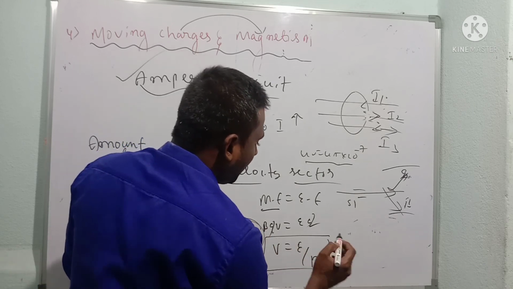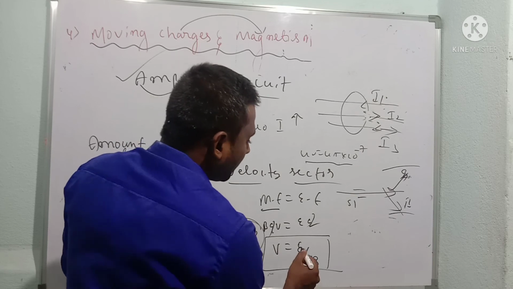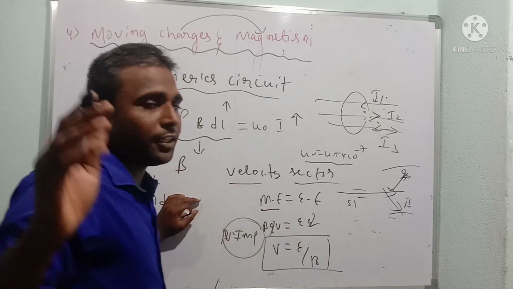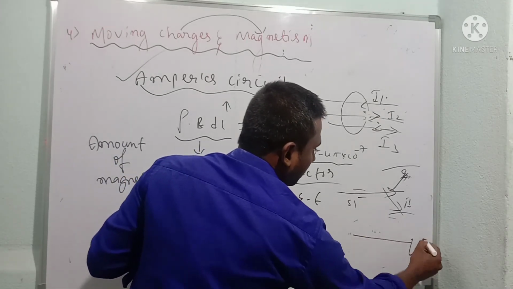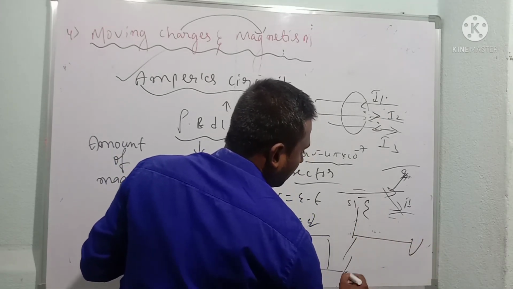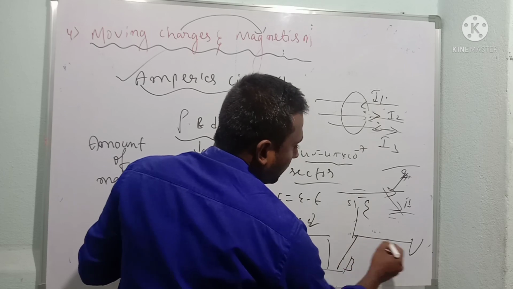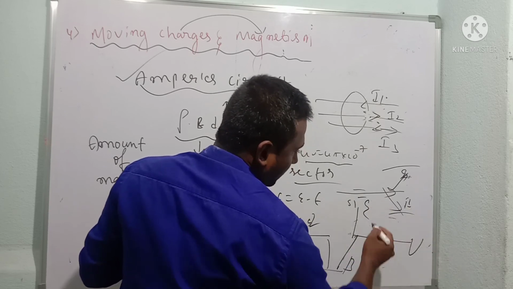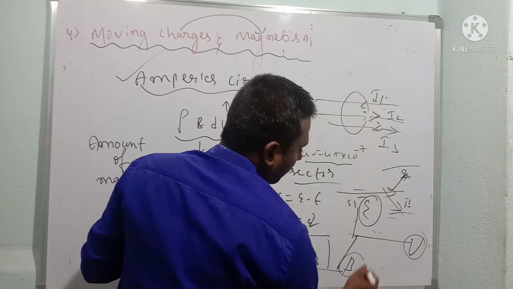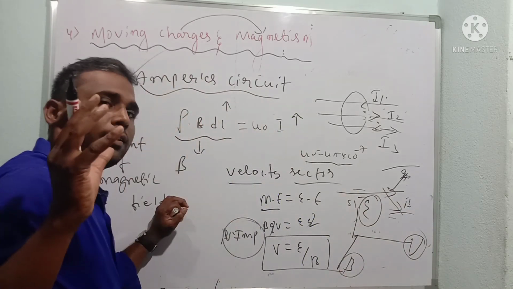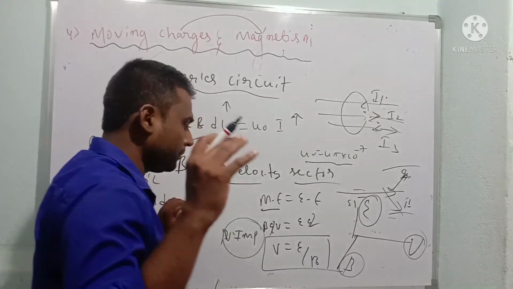V is equal to E by B, and remember E and B are always perpendicular to each other. This is V, this is E, this is B. So the electric field, the velocity of the charged particles, and the magnetic field are always perpendicular to each other.